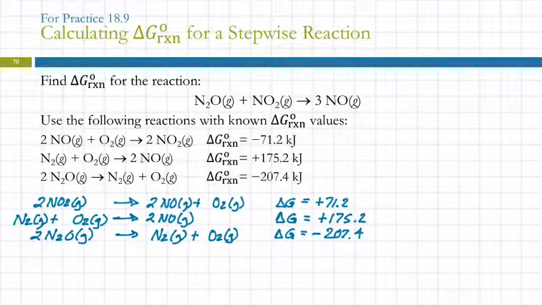So now I'm going to look at, when I add these together, do I get this result? And the answer is, well, not quite. Some of these things are going to cancel out. I'll change colors here. There's N2 and N2, O2 and O2.